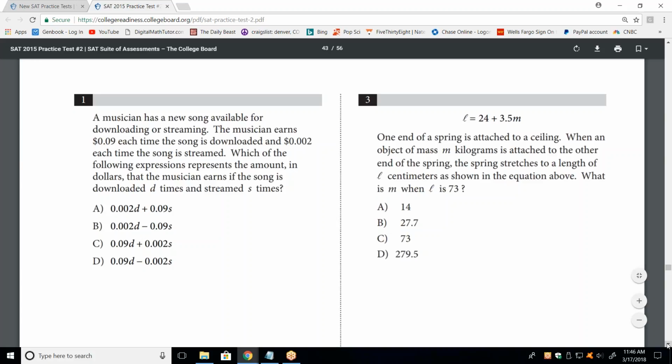So this is an easy one. So C. Scroll down to 2.